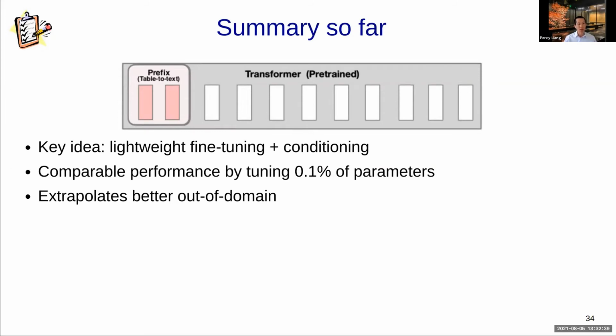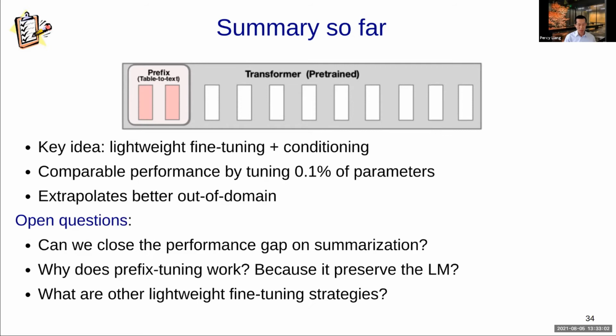You have these language models, and one way to modify them is to condition on inputs. Another way is to backprop. So there are forward and backward ways of modifying, and prefix tuning can be viewed as a synthesis of these two ideas. We showed pretty good performance by tuning only 0.1% of the parameters, and one interesting thing is that it extrapolates out of domain.